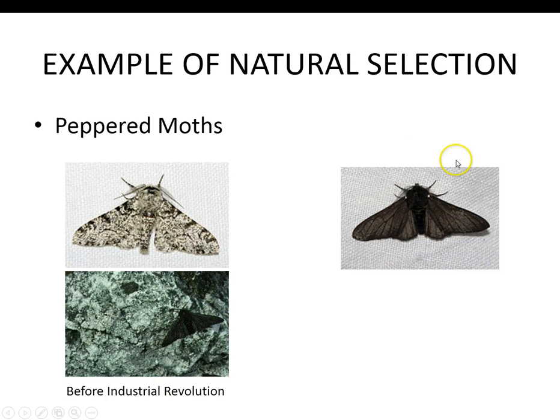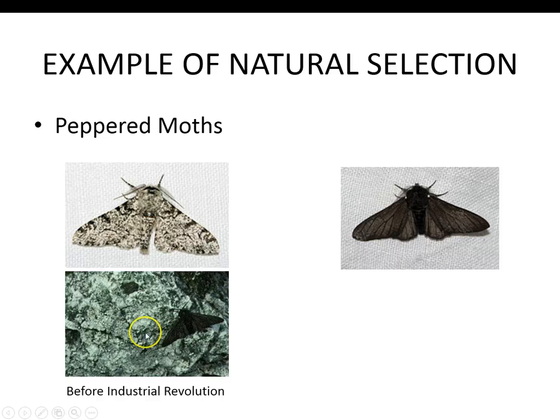Okay, so here's an example of natural selection. In England, before the Industrial Revolution, there were two different versions of peppered moth. We have a light variety, with a lighter color and a speckled appearance, and a darker variety, which is pretty much all black. When we look at these two variations sitting on the bark of a tree or on a rock, you can see that the lighter variation blends in very nicely and the darker variation stands out.